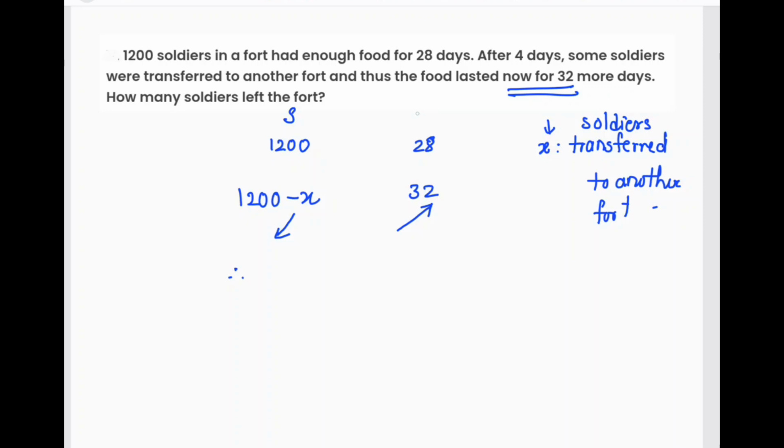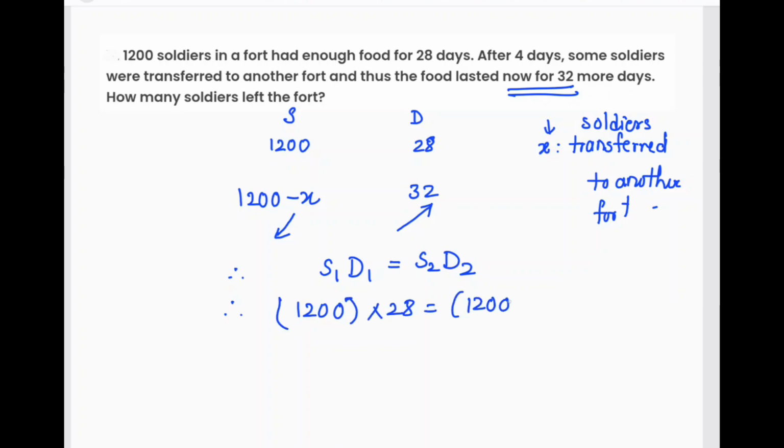So the number of soldiers is reduced, then food will last for more days. Soldiers S and days D. So S1 D1 is equal to S2 D2. Therefore, S1, that is 1200, into 28 is equal to 1200 minus X into 32.